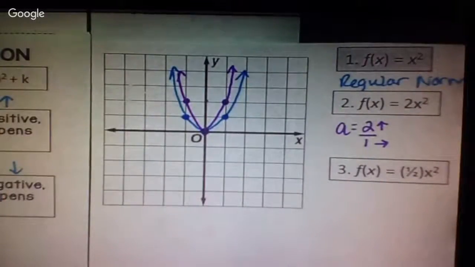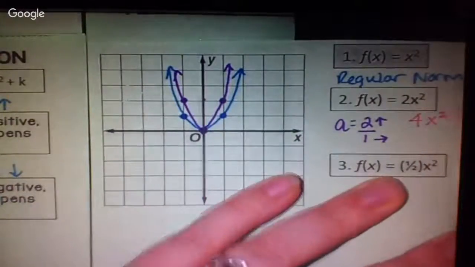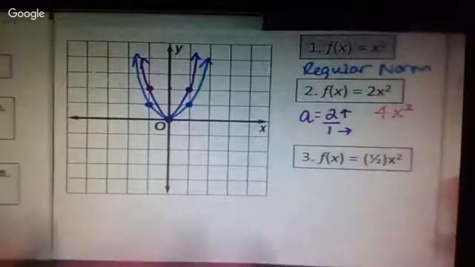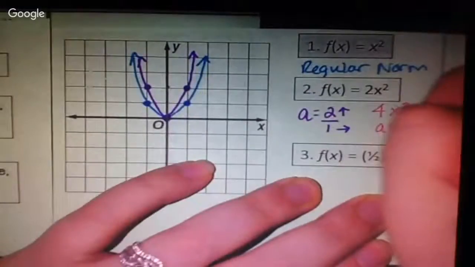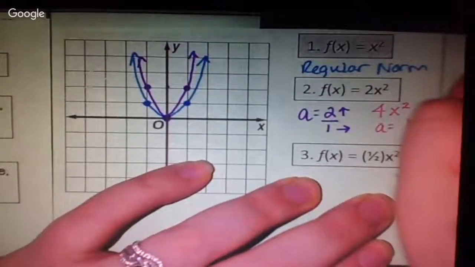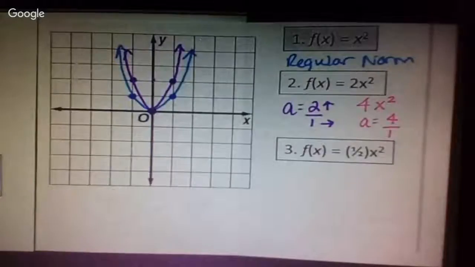Let's do 4x squared. So what is my a value with 4x squared? 4. It goes up 4 and to the right 1.